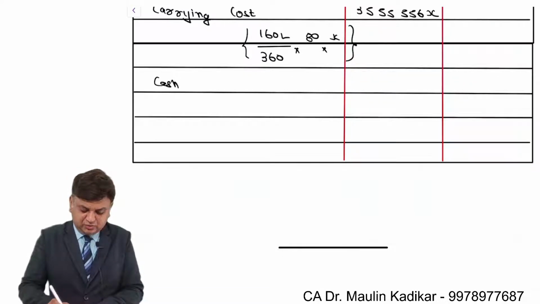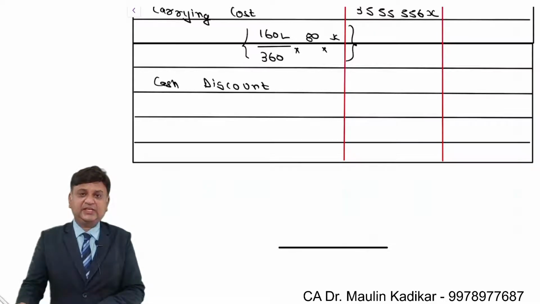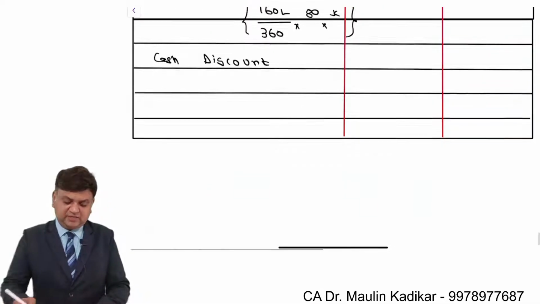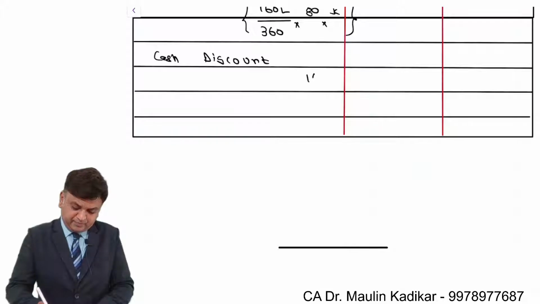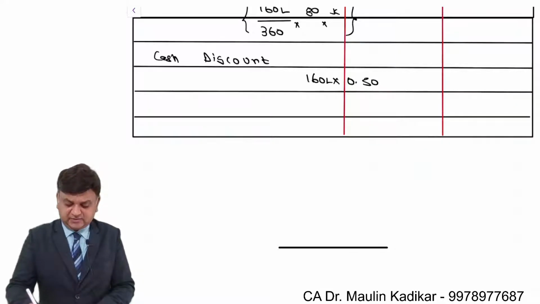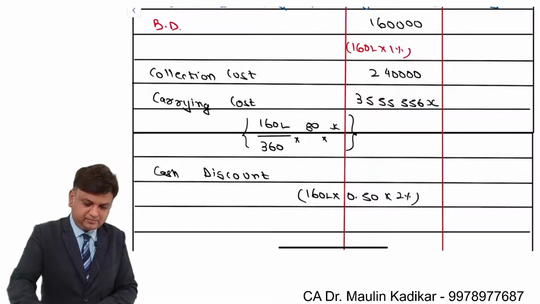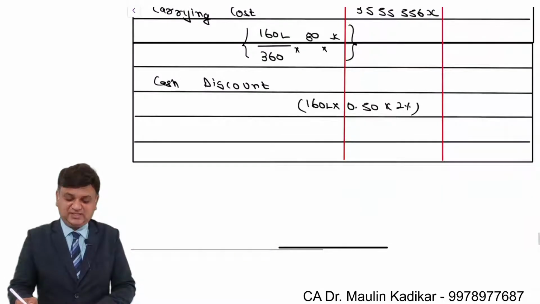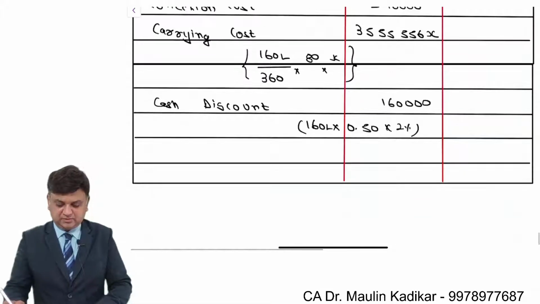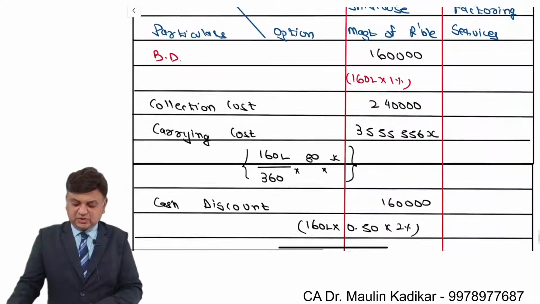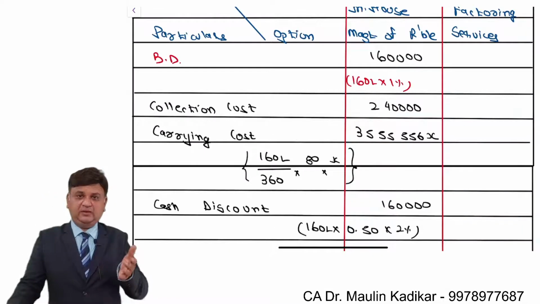Importantly, cash discount, because the question says that the 50% of the customers are availing discount. So 160 lakhs into 0.5, so 80 lakhs into 2%. So it is 1,60,000. This is the cash discount expenses. This is in case of in-house management of the receivable.